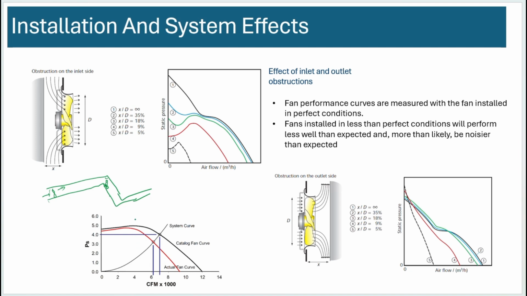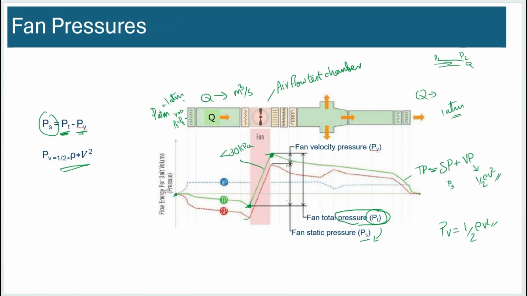Why is that? Because the fan curve is developed based on tests done in a fan test chamber like this. It's installed without any obstructions, in such a way that the flow can easily go into the fan without any bends or disturbances.